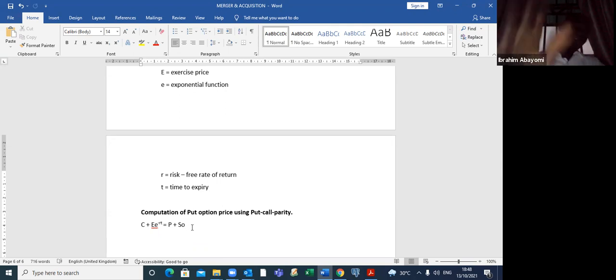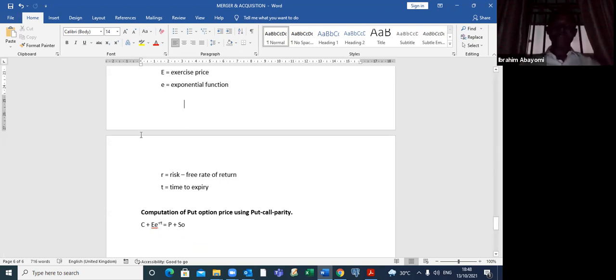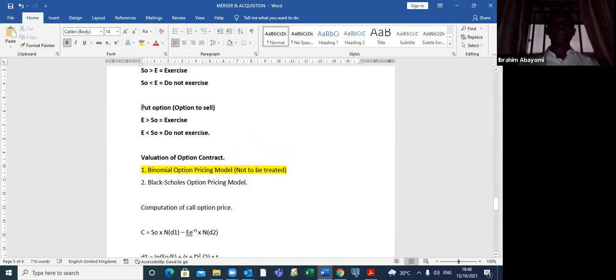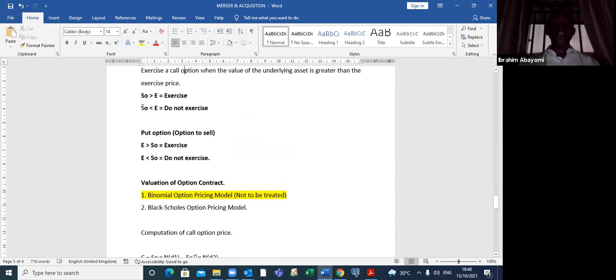You must understand real option. All these options are the normal options, which we are going to cover in our subsequent class. But the one we want to deal with in this class is real option. But for you to value real option, this is what I'm going to use. This concept. So we are using BSOP to value real option. So I will explain the concept of real option to you tomorrow.